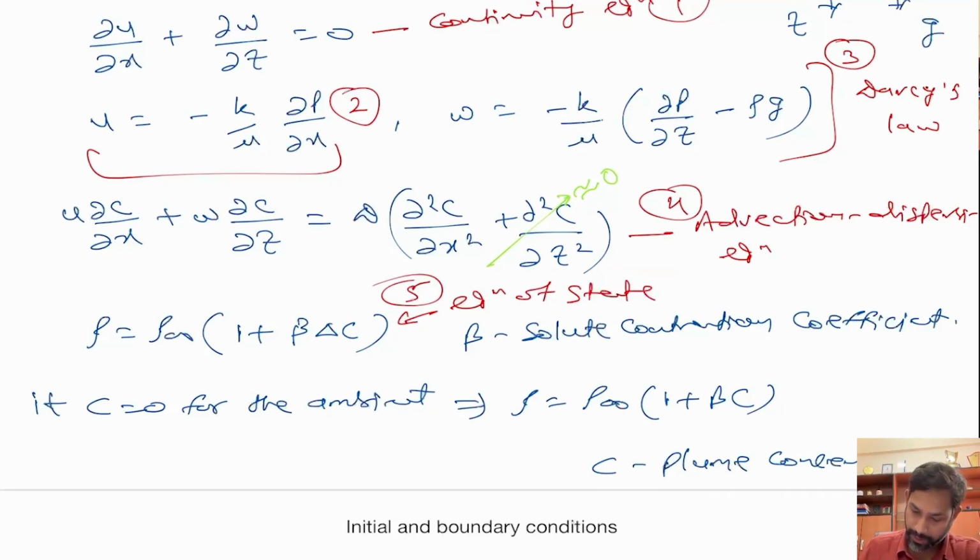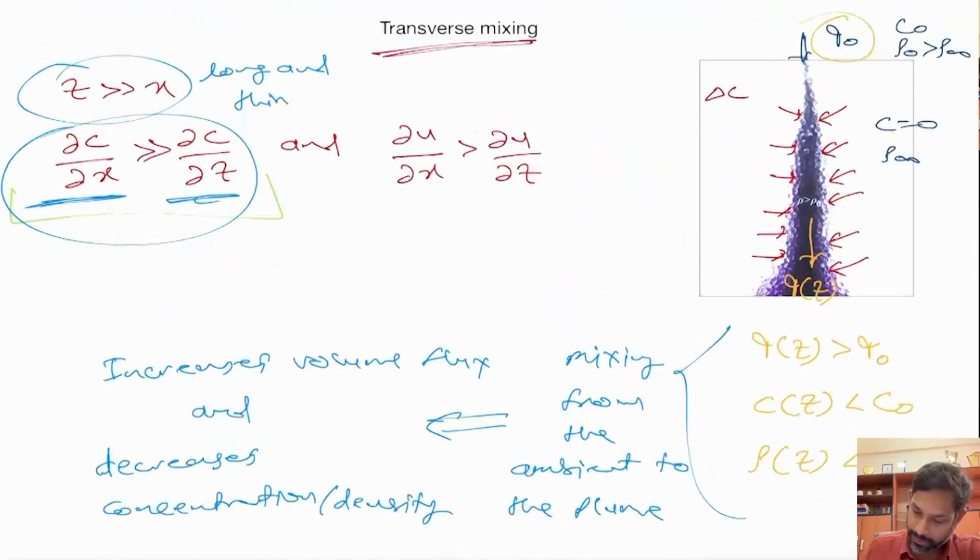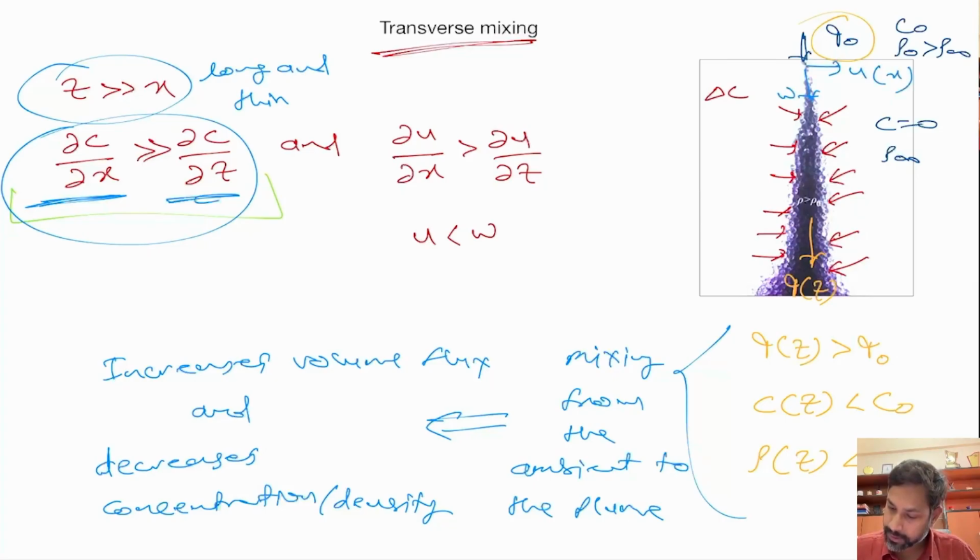At the same time, in this term, you might argue that dc by dx is greater than dc by dz, so we should neglect dc by dz, but in that case, u is actually smaller than w. So here, while du by dx is greater than du by dz, u itself is actually smaller than w. We are assuming this to be w and this to be u, which is in x, and w is in z.